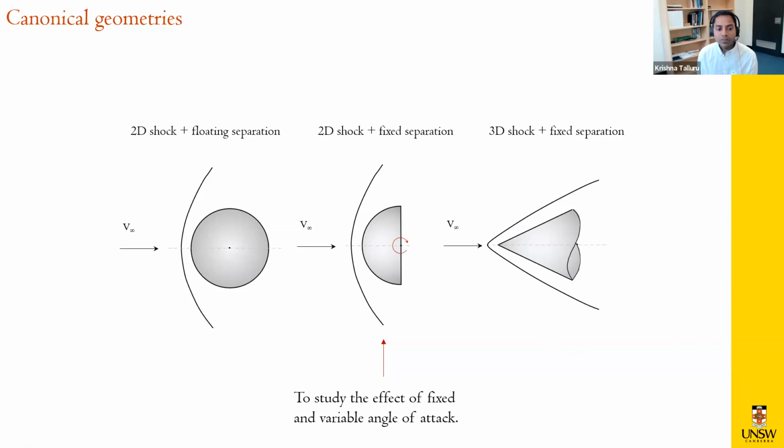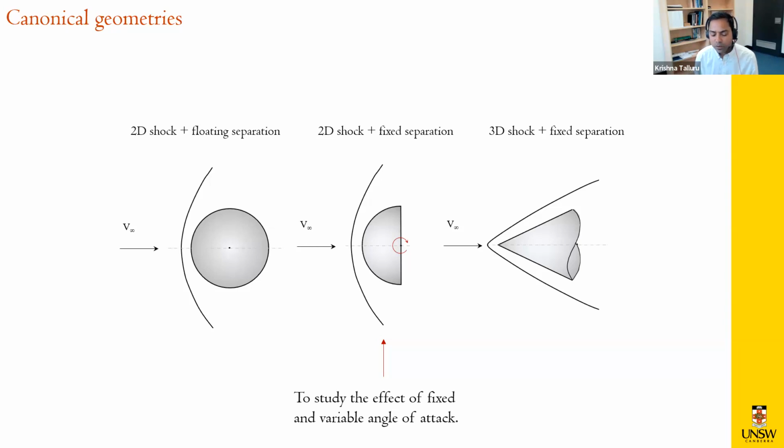But what we eventually want to do is slowly understand the fundamental origins of these oscillations. So we thought it would be more sensible to use simple geometries and then slowly deal with more complex geometries.